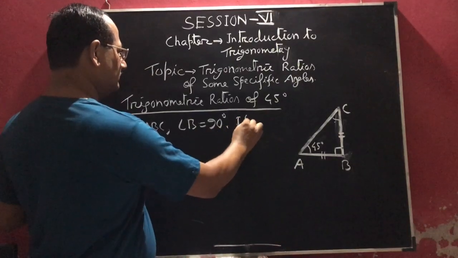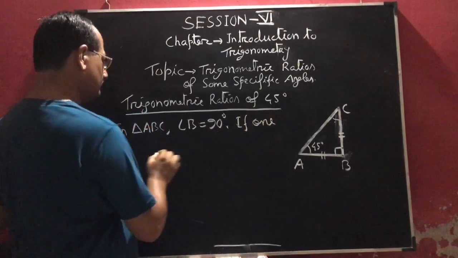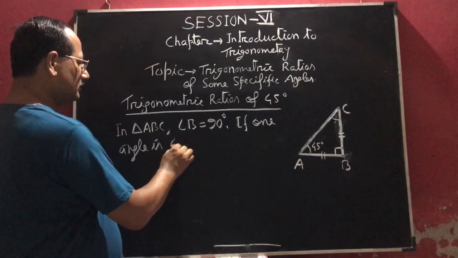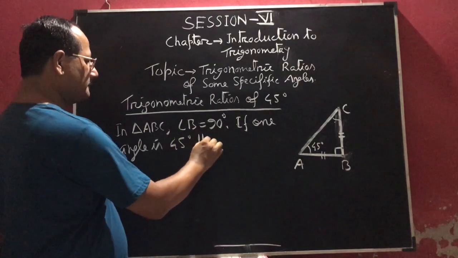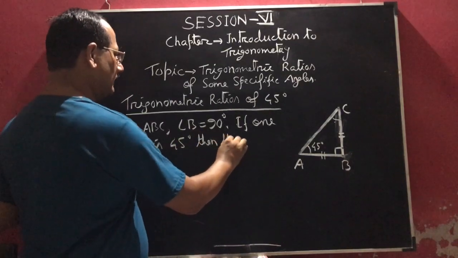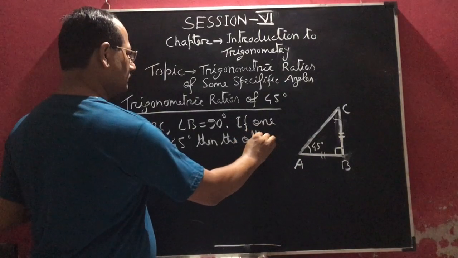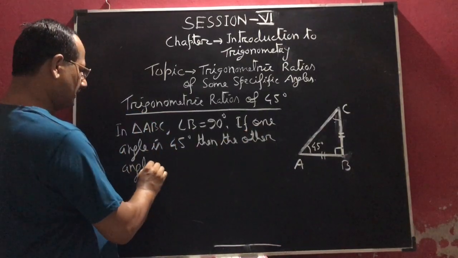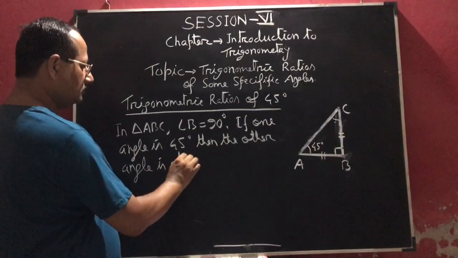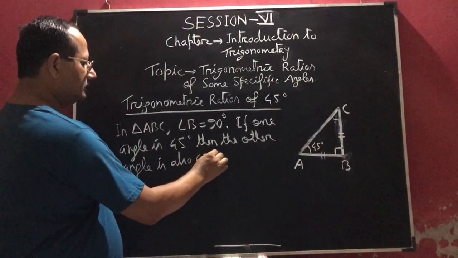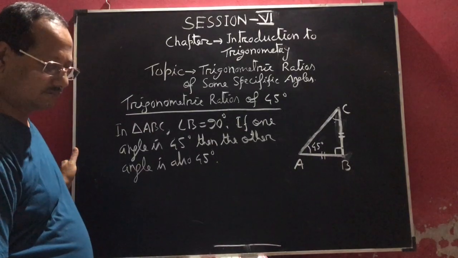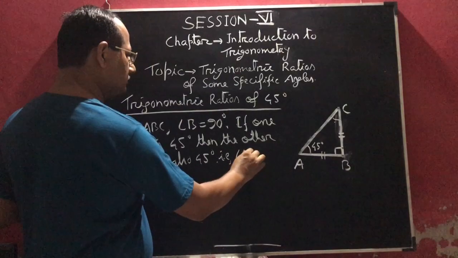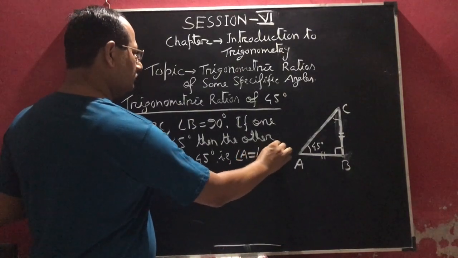If one angle is 45 degree, then the other angle is also 45 degree. That is, angle A equal to angle C equal to 45 degree.